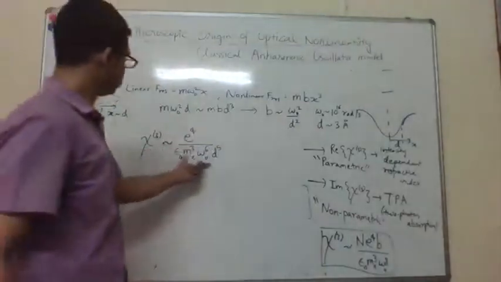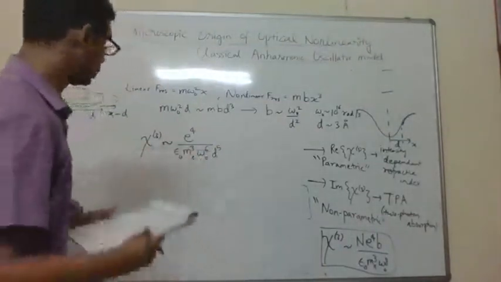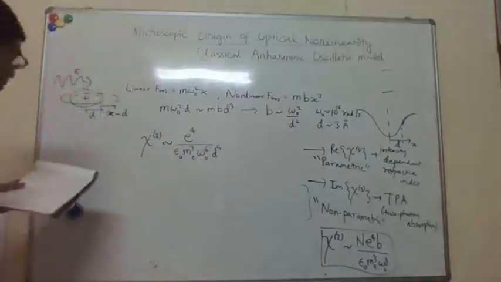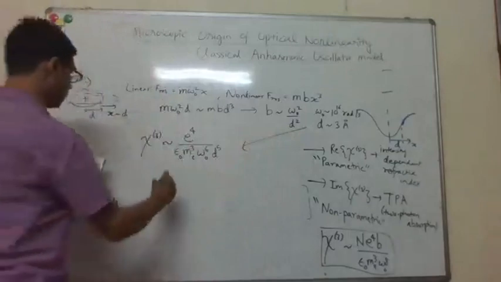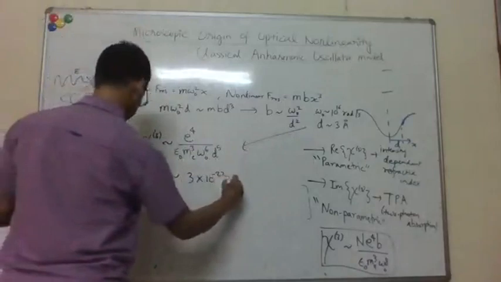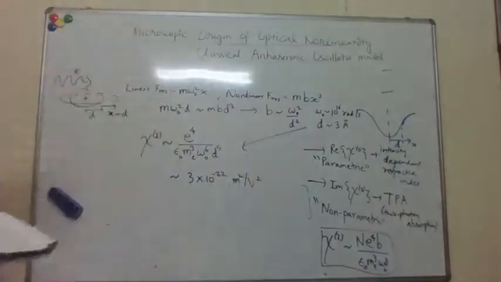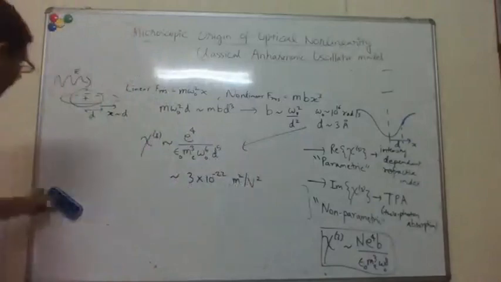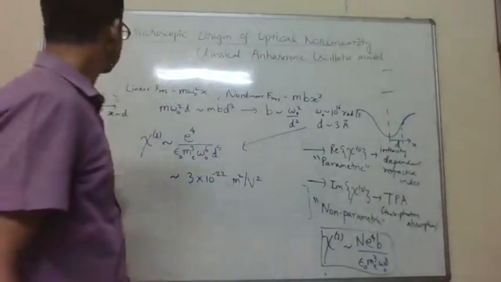Okay, so now you just have fundamental constants, size of the atom, resonance frequency. So if you put these typical values, you get chi3 to be about 10 to the minus 22 meter square per volt square. Okay, and that actually tallies quite well with a lot of materials.